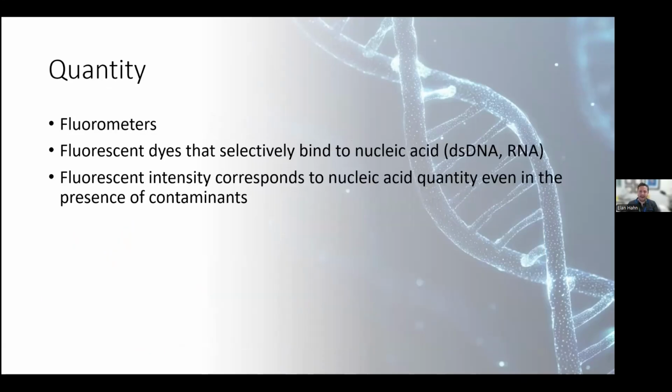Another important aspect of the quality of extracted material is quantity. We could use fluorometers, fluorescent dyes that selectively bind to nucleic acid, and the fluorescent intensity will correspond to the nucleic acid quantity. Even if there are contaminants there, we'll still get an idea of the quantity of nucleic acid.